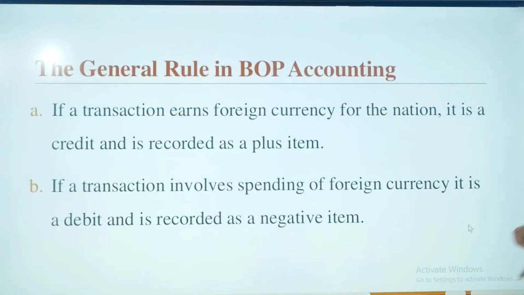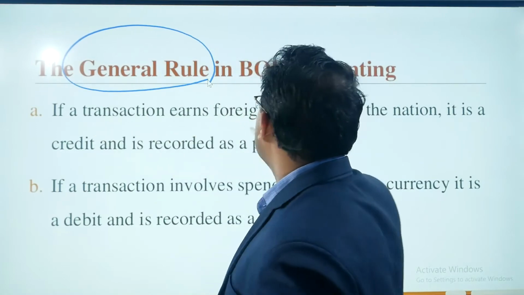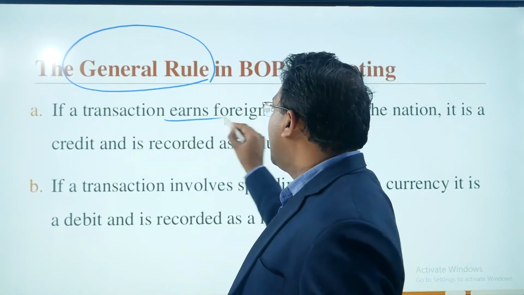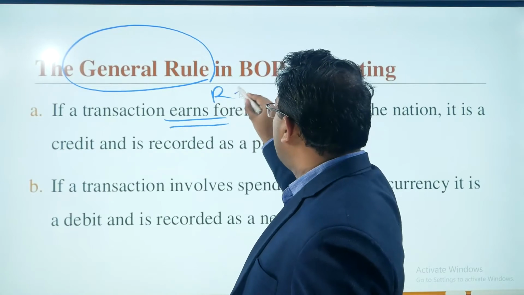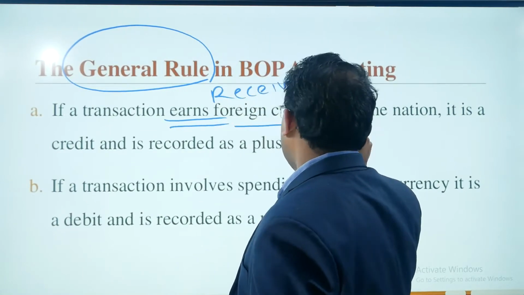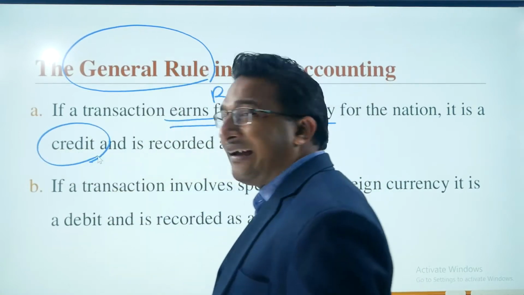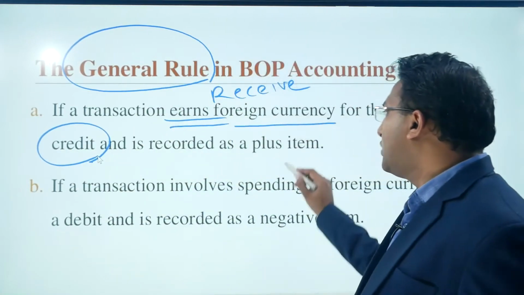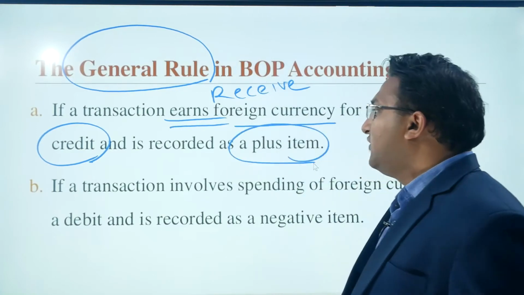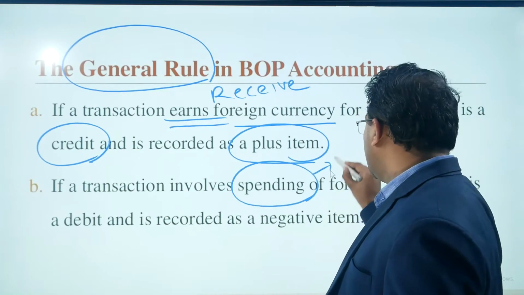Now, the general rule in BOP accounting. First, if a transaction earns foreign exchange, earns means we receive the foreign currency, then it will be considered a credit item and it is recorded as a plus item.